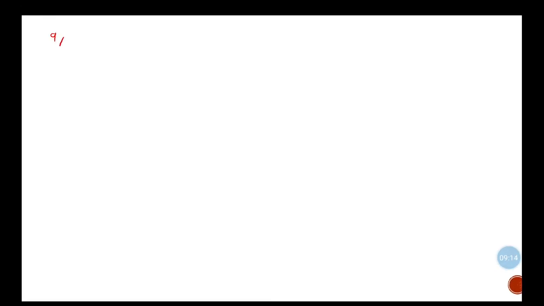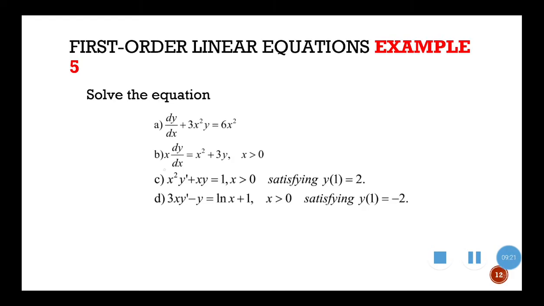Let me see, what is the function? Okay, what I will do, I will solve 5b first, which is x dy/dx equal to x squared plus 3y. So a, c, and d probably in another class, I think.